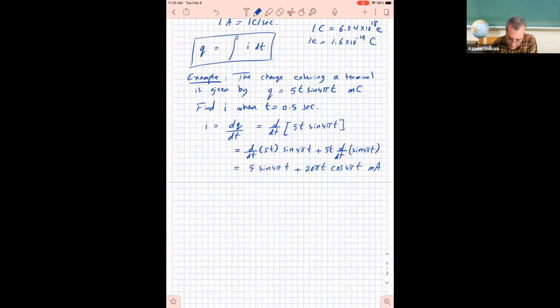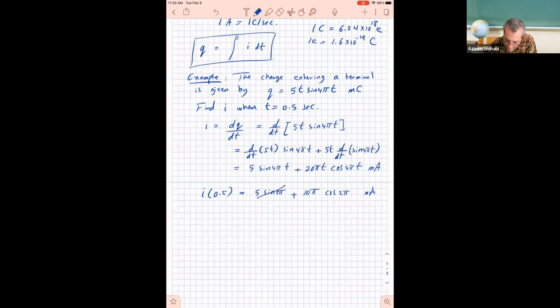Now we want to evaluate the current when t is 0.5. So I(0.5): substitute 0.5 into t, so 5 sine 2 pi plus 20 pi times 0.5, so that's 10 pi, and then cosine 2 pi, in milliamps.